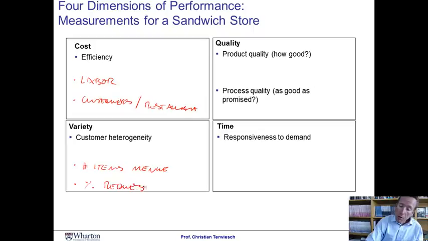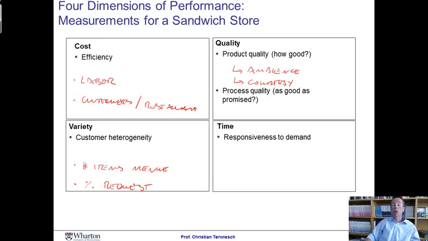How about quality? Remember, on the quality side, we had the 2 dimensions, conformance quality and performance quality. So performance quality, we will probably have to do some customer research, some survey looking for things about to what extent they liked the ambiance of the restaurant, to what extent they found the courtesy of the staff in line with their expectations or other things.